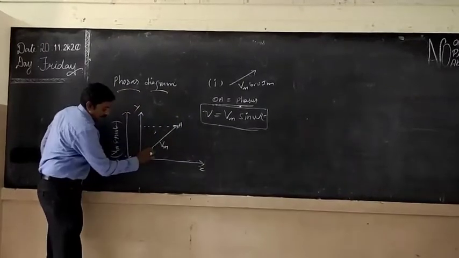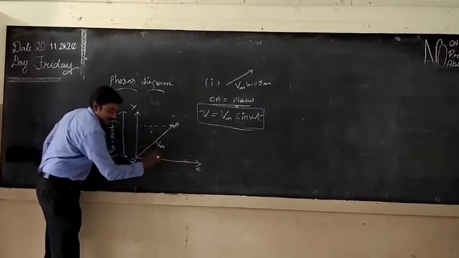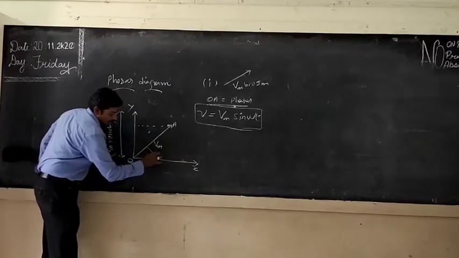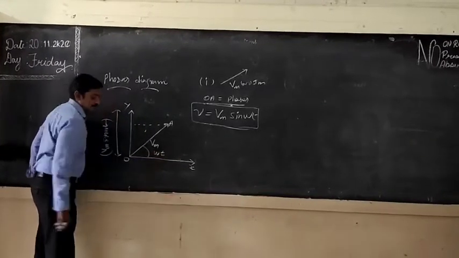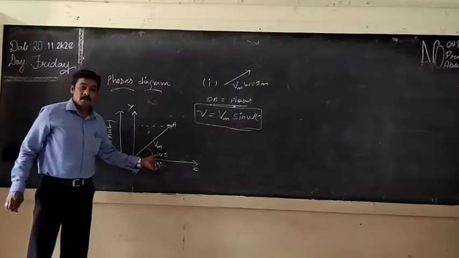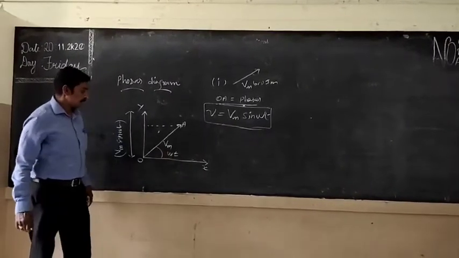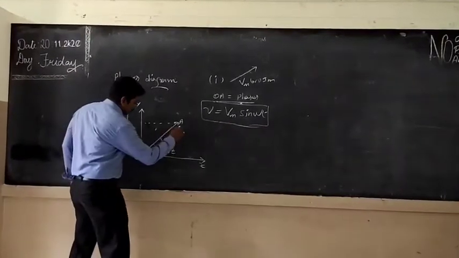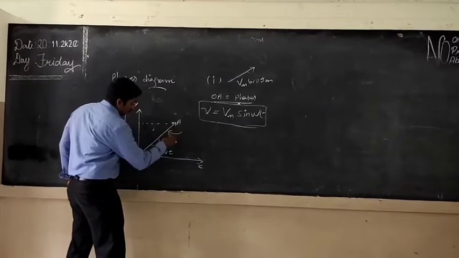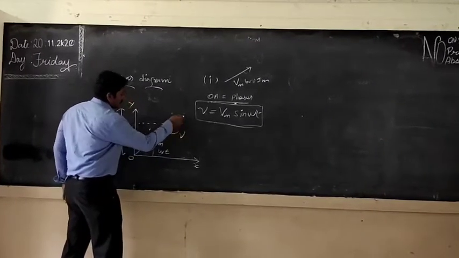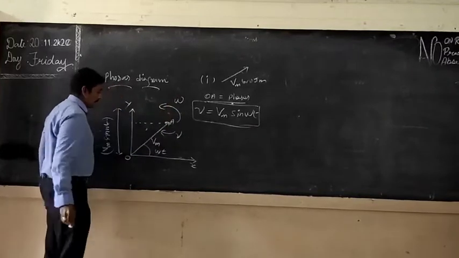And this phasor makes an angle with the x-axis, which shows the phase difference between current and voltage. Another thing is that this is the instantaneous voltage, and this is the angular velocity.